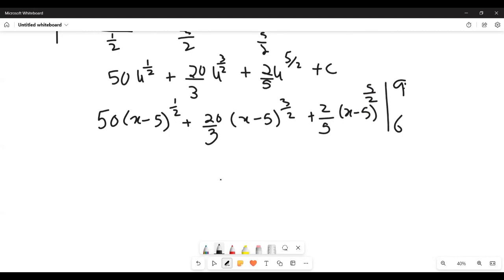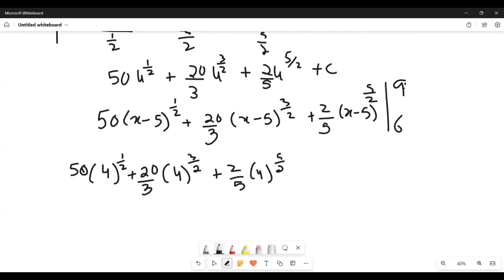Okay, so I'm going to substitute 9 first. So 50. 9 minus 5 would be 4 power half plus 20/3 4 power 3/2 plus 2/5 4 power 5/2. इसका जो भी रिजल्ट आएगा वो हम नोट कर लेंगे और फिर we'll do the same with 6.